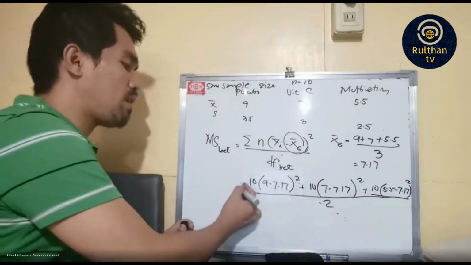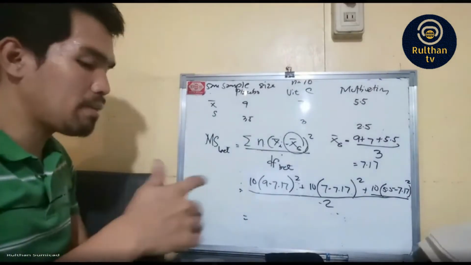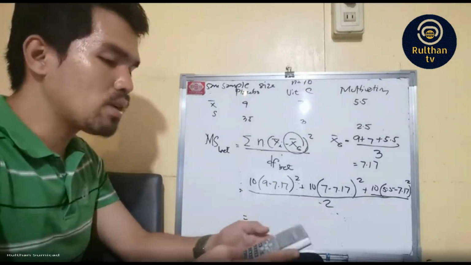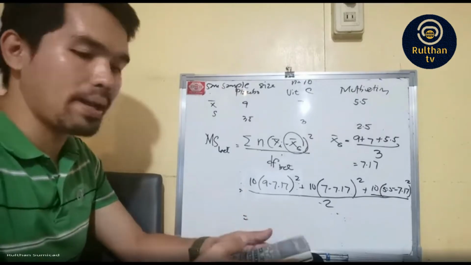That is how we solve our mean squared between groups. So let's solve this together. By the way, keep doing it on your calculator.